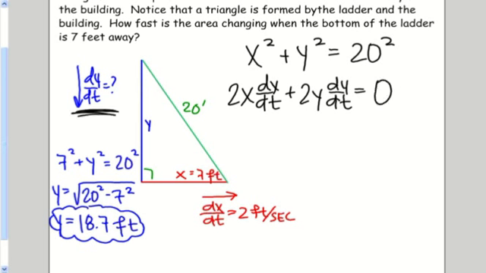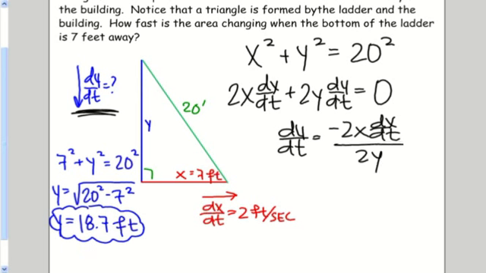We've said before that what we're looking for here is the value of dy/dt, so I might as well get it by itself. If I take this over to the other side, I'll have negative 2x dx/dt, and then I would divide by 2y to get dy/dt by itself.